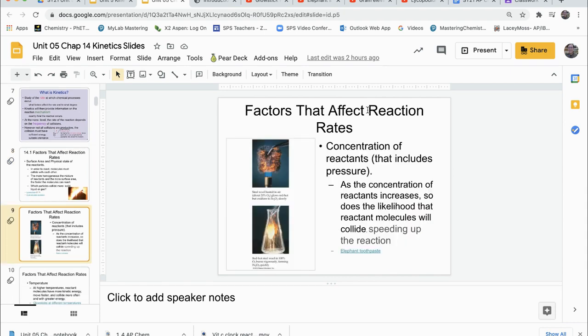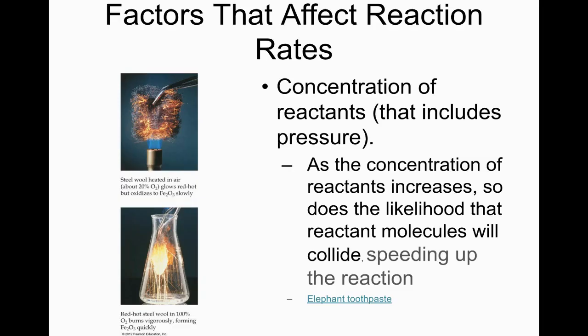The next factor is the concentration of the reactants. So as we have more concentration of the reactants, and notice I included pressure, right? Pressure is a form of concentration of stuff, right? Molecules in a volume.